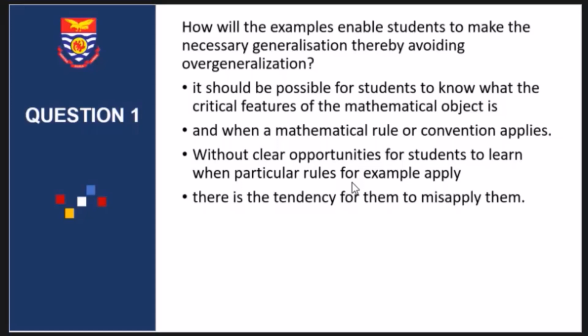You see, you are teaching a topic in mensuration, and the students will be using a formula that you have taught them somewhere in trigonometry that does not apply to that particular concept that you are teaching. So we should let them know when the rules apply.